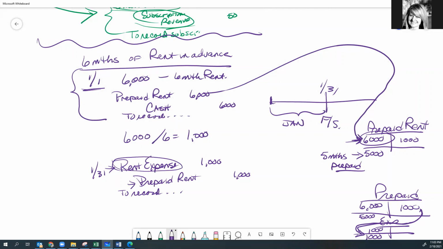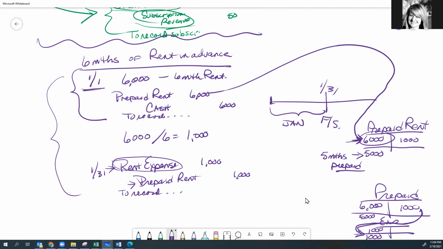If net income is too high, when we close net income to retained earnings, retained earnings would be too high. If retained earnings is too high, owner's equity is too high. So you are going to have to know not only the adjusting journal entry that you need to make, but you really need to be able to figure out what will be incorrect in our financial statements if we don't make the adjusting entries.